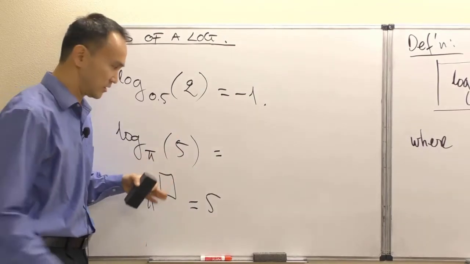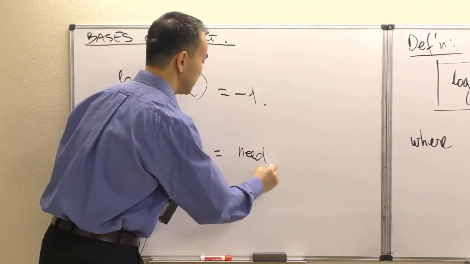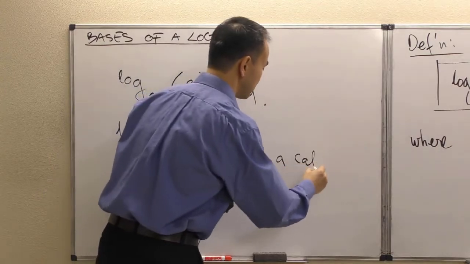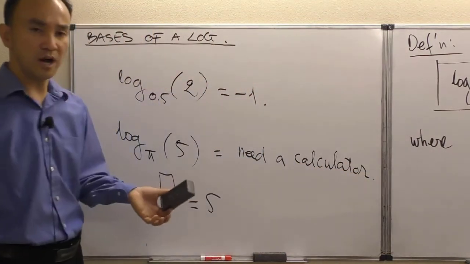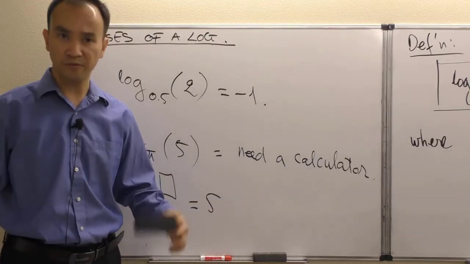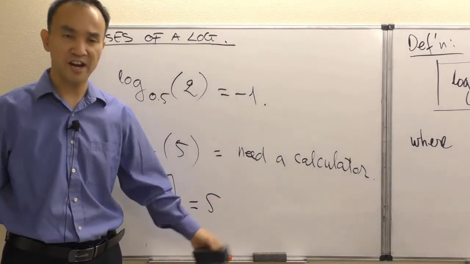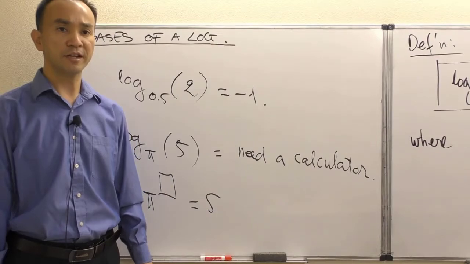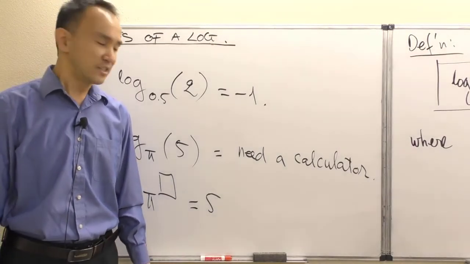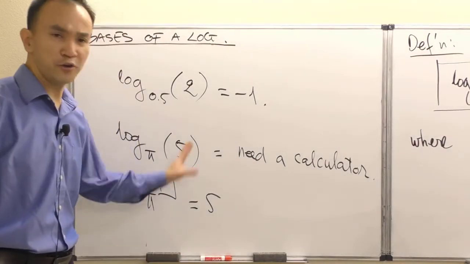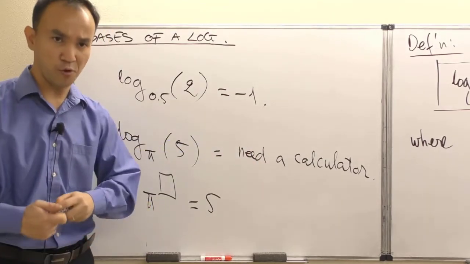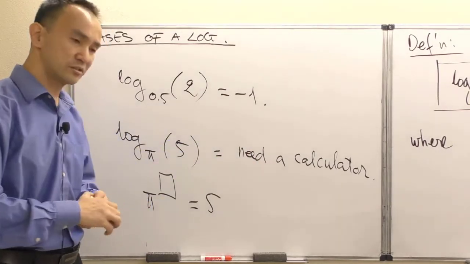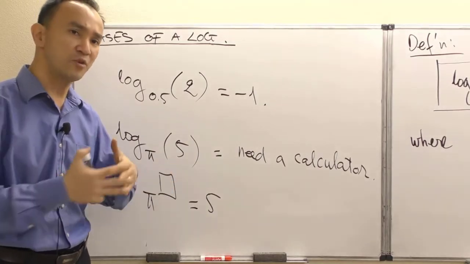With something like this, we need a calculator. There are problems that we operate with log and we need a calculator, and there are some other problems where we can challenge our mental math capability a little bit. That's the idea right here. For your own curiosity, at this point I have not yet taught how we can use the calculator.